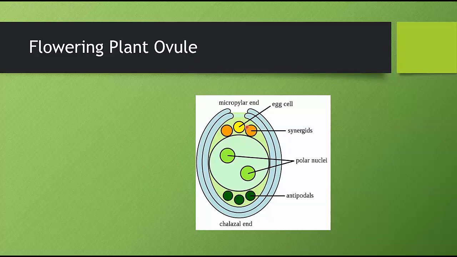One fertilizes the egg to make the embryo, the zygote, which grows into the embryo. The other sperm fuses with this big central cell. So then there's 1, 2, 3 nuclei, the third one being from the sperm, all fusing together. This thing gets fertilized, and it develops into what we call endosperm, or food for the embryo.